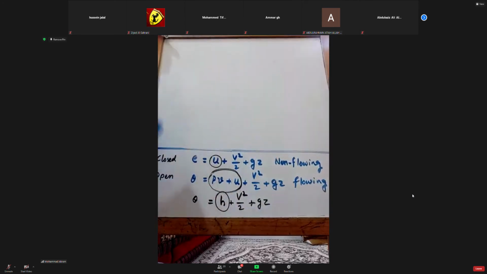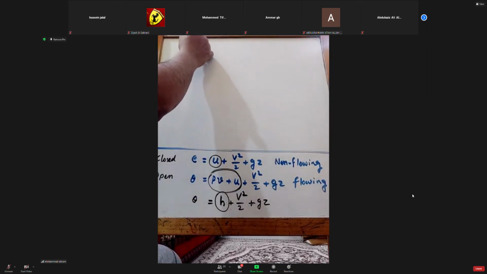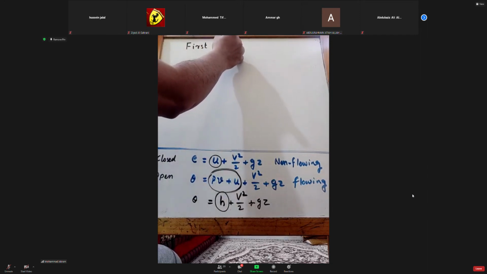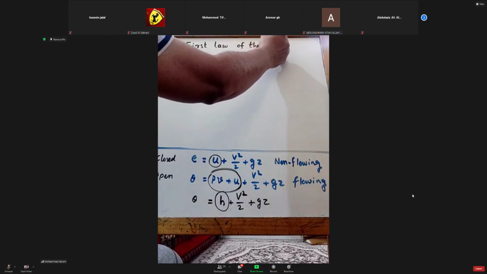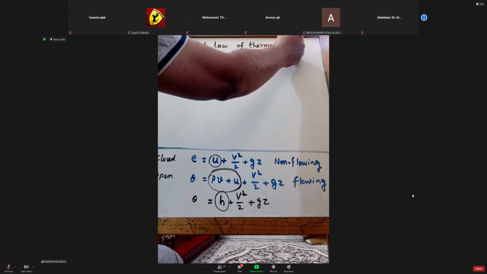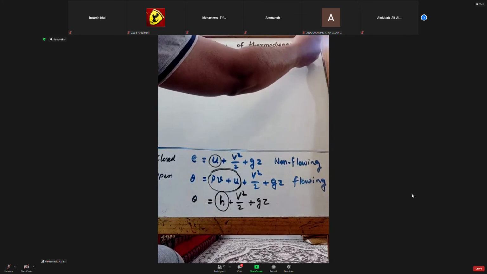Okay. Now using these equations, we will define the first law of thermodynamics, or simply you can call it the first law.